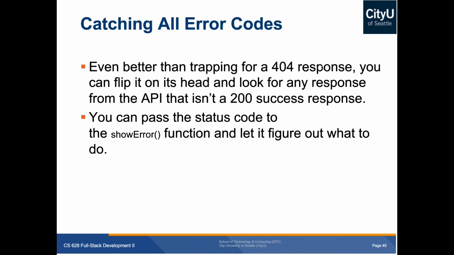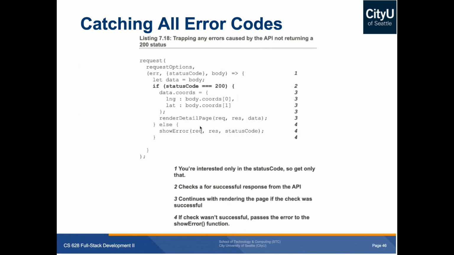So you want to trap a 404 response, you can flip it on its head and look for any response that isn't 200. You can pass the status code to the show error function, and figure out what to do. So you catch the 200 status code. Then if yes, let's do this longitude latitude, and once that's successful, we get the updated coords from the response body, and we can render the detail page.